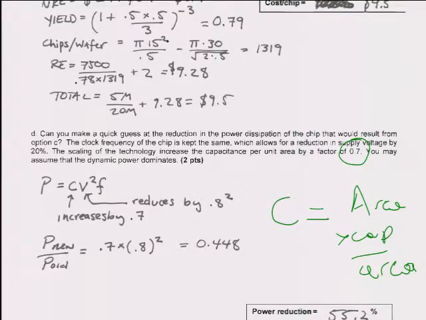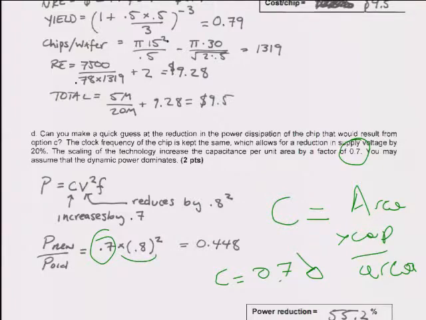So I get 0.7 times 0.7 over 0.7, which is basically a 0.7 factor. So your capacitance actually goes down with 0.7.